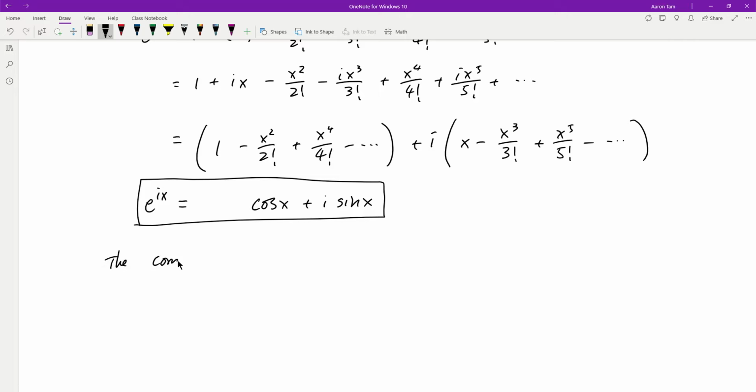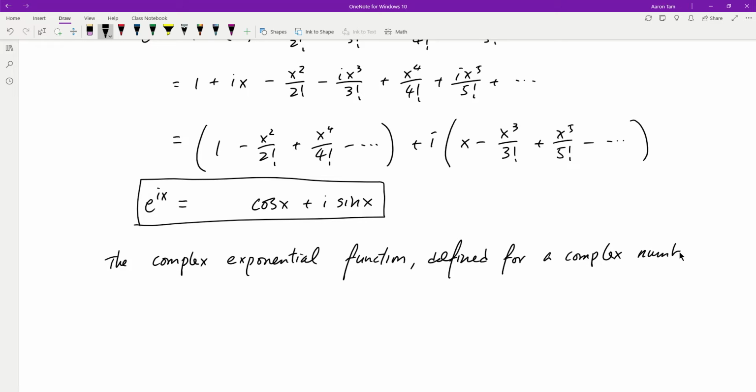The complex exponential function defined for a complex number, let's say a plus bi, is given by this formula.